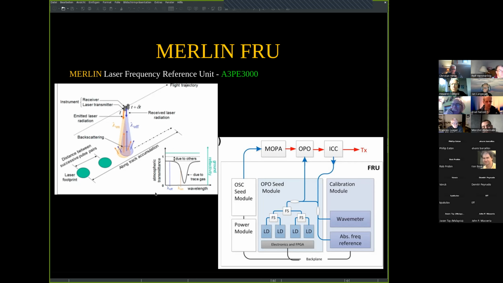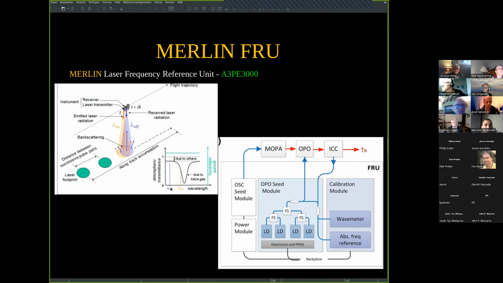So what is being done is one laser pulse is sent, you see this yellow line here, into this absorption region. And then the backscattering is picked up by the satellite and its magnitude is recorded.